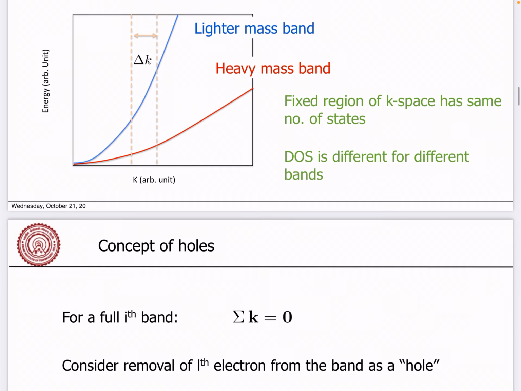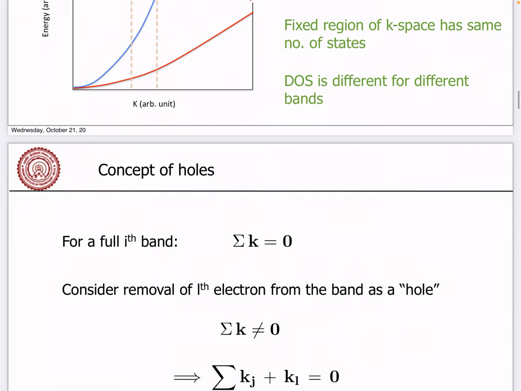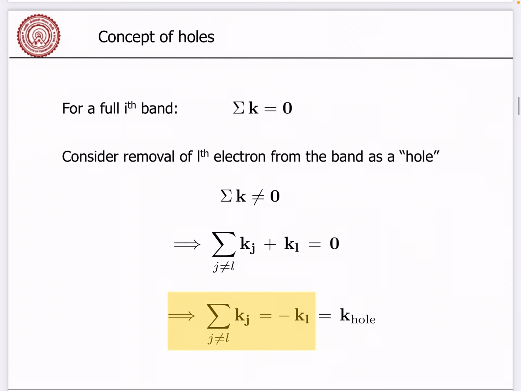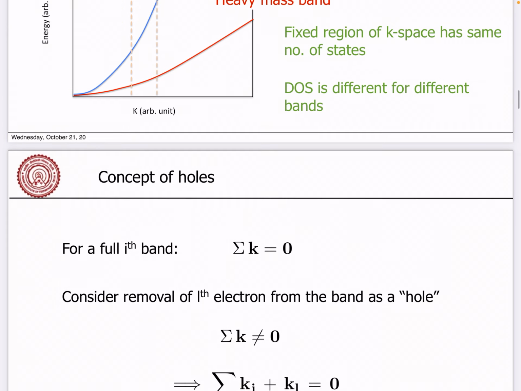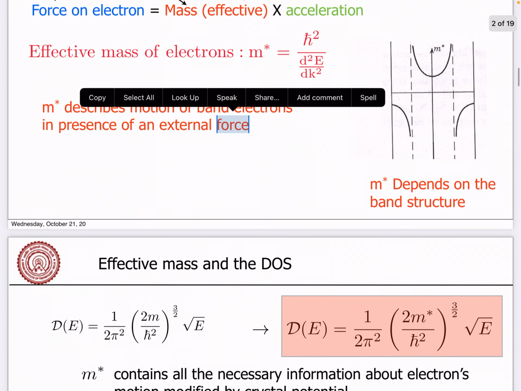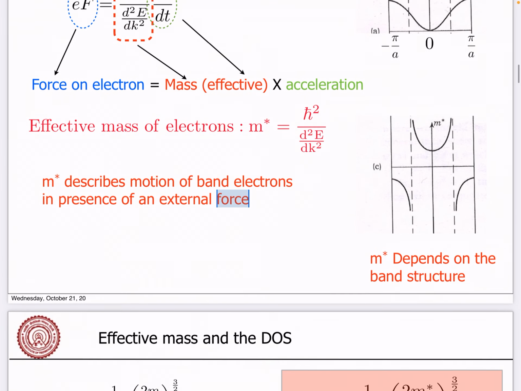All right. Now, once we understand that, I'll come to the concept of holes. If you remember, in the last class, and today at the beginning, I told you that the effective mass is negative for the upper half of the band.